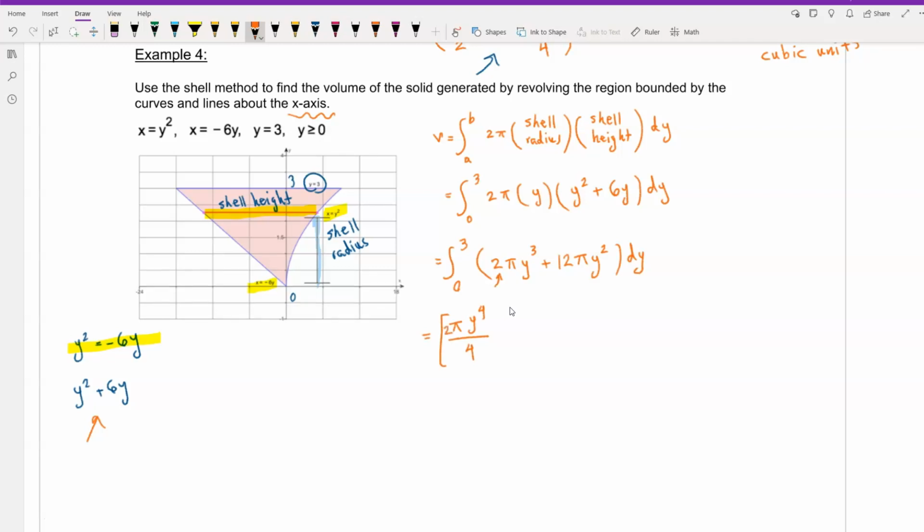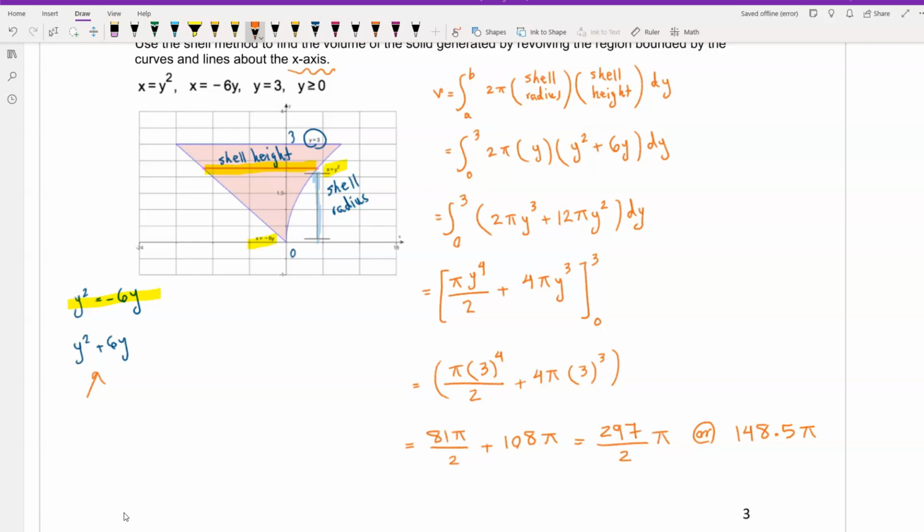Instead of writing 2 here, I can write pi y to the 4th power divided by 2. So I simplify that part. Plus, then here we have 2, so 2 plus 1 is 3. We're going to have y cubed divided by 3, but here we have 12, so 12 divided by 3, we will have 4 pi y cubed divided by 1, so I can just write 4 pi y cubed.